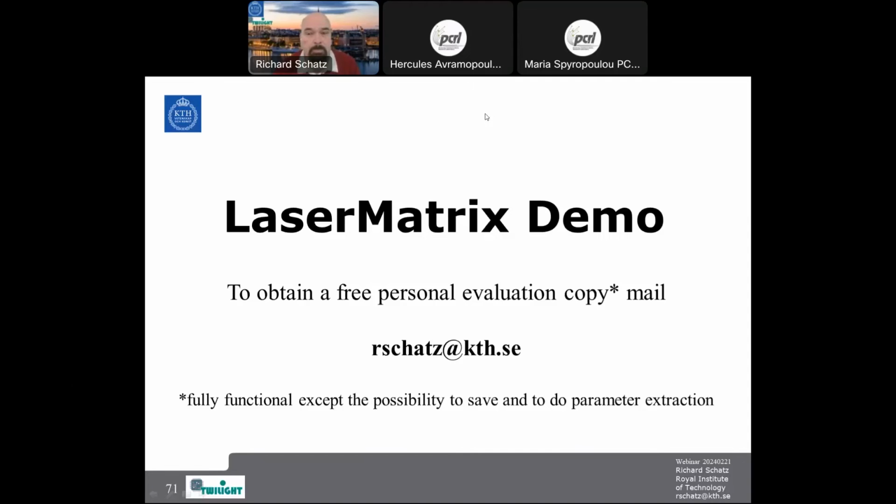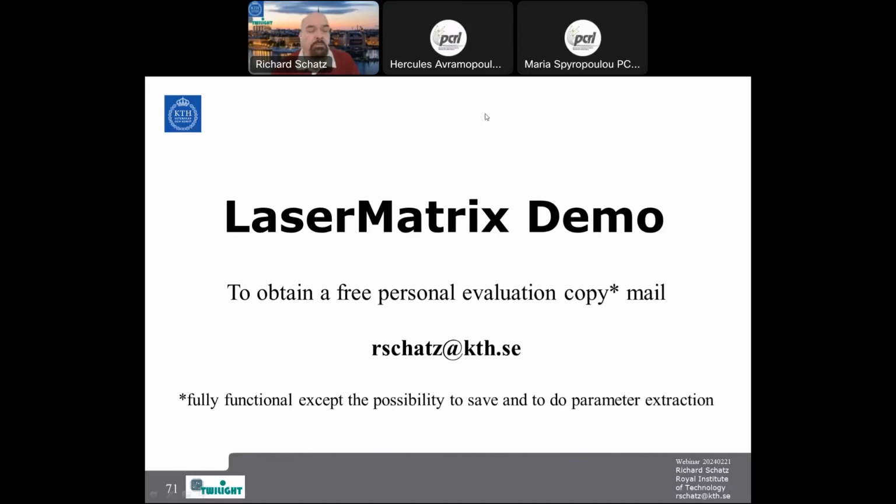Maybe in LaserMatrix you can define better the material system that you want to use. No, in fact not. You have the same possibilities in VPI. I think at least you can do the same in VPI and define different material parameters for different sections and so on.